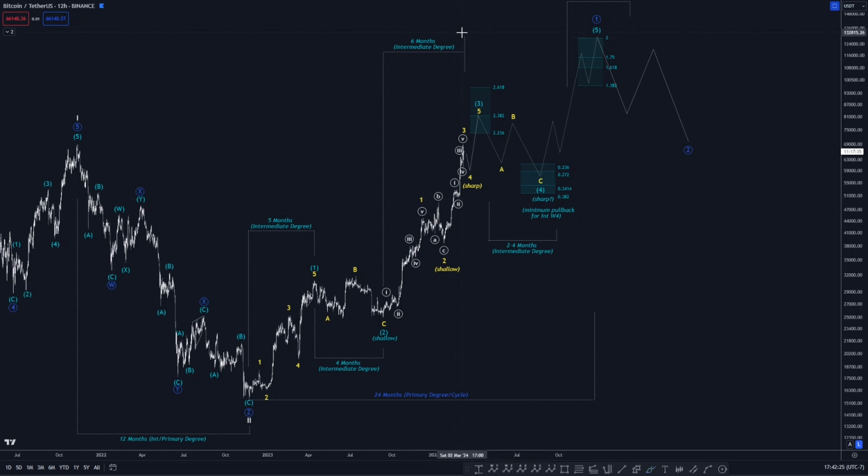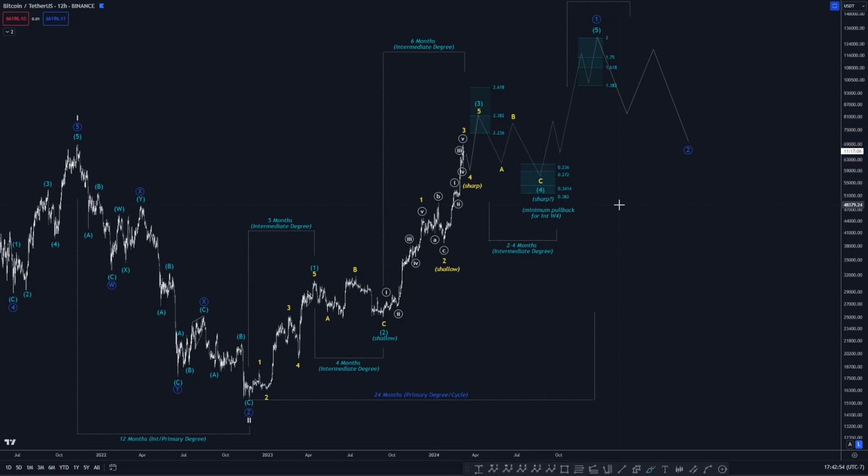Timing wise, it's still really on point for an intermediate degree. As of right now, it's 6 months. The more that it extends in time without a correction down, though, we may have to think of this a little more bullish. Meaning, instead of this being a wave 3, this could be another wave 1, and then we get a retrace for a wave 2 instead of a wave 4.